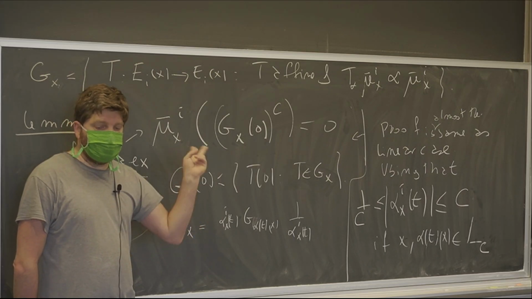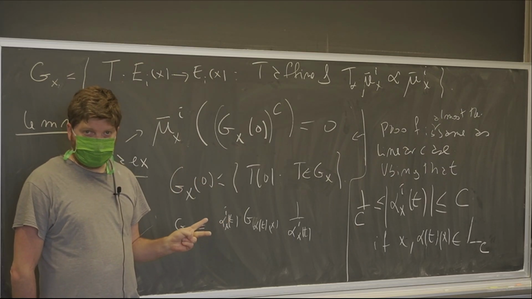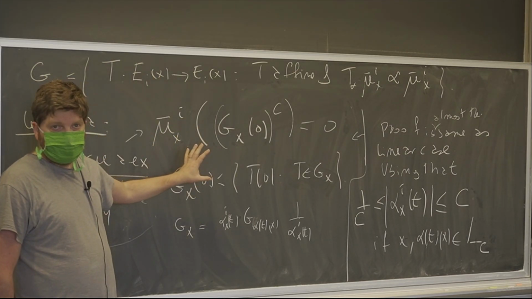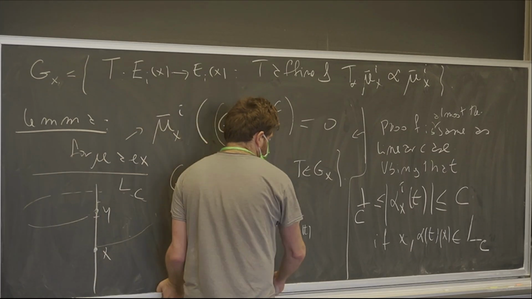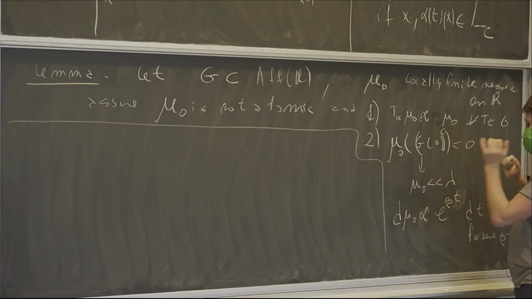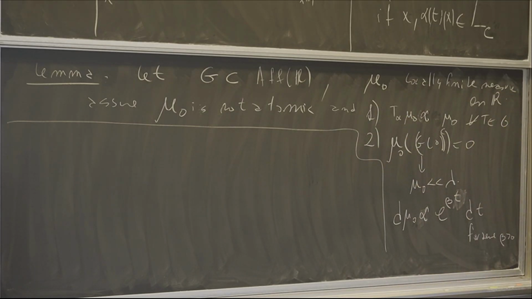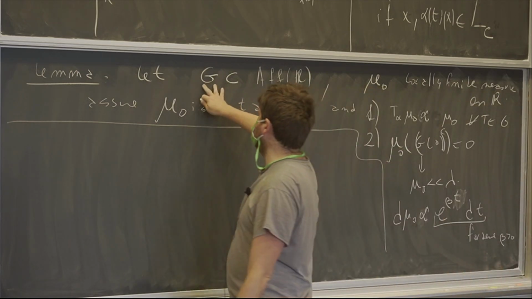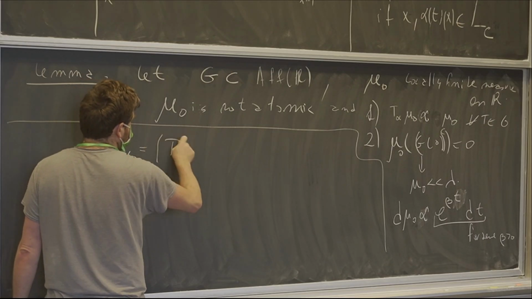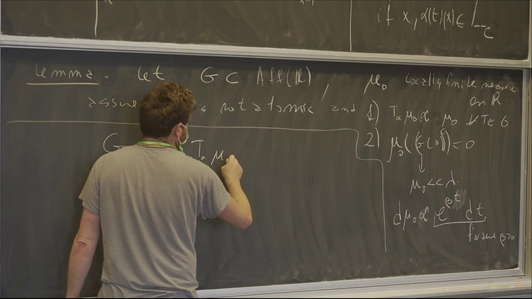And there are two ways of proving that. One is very specific to these higher rank actions and situation, because then, as I had down here, even in this abstract lemma, after I know that the measure is like that, then I can prove that the orbit of 0 is all R. So by maybe slightly switching the group G, so we do G mu naught, which is all the T's such that T star mu naught.